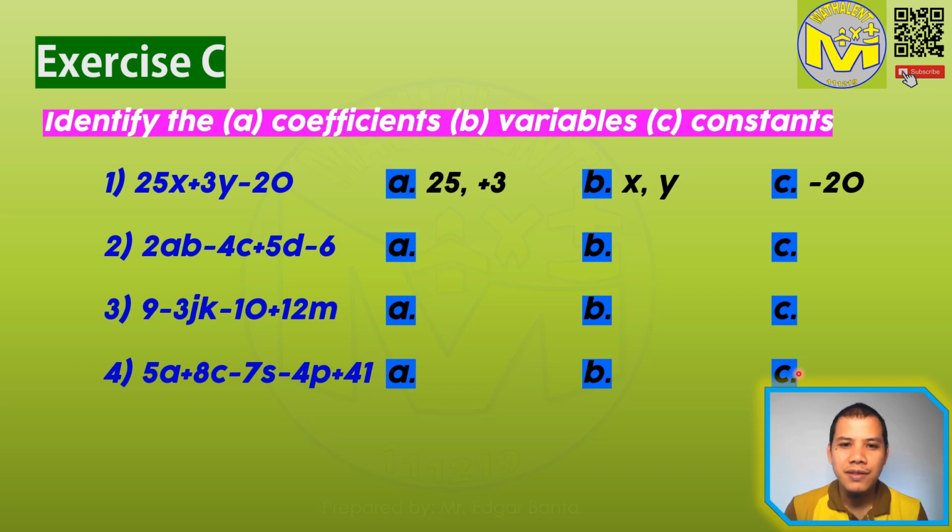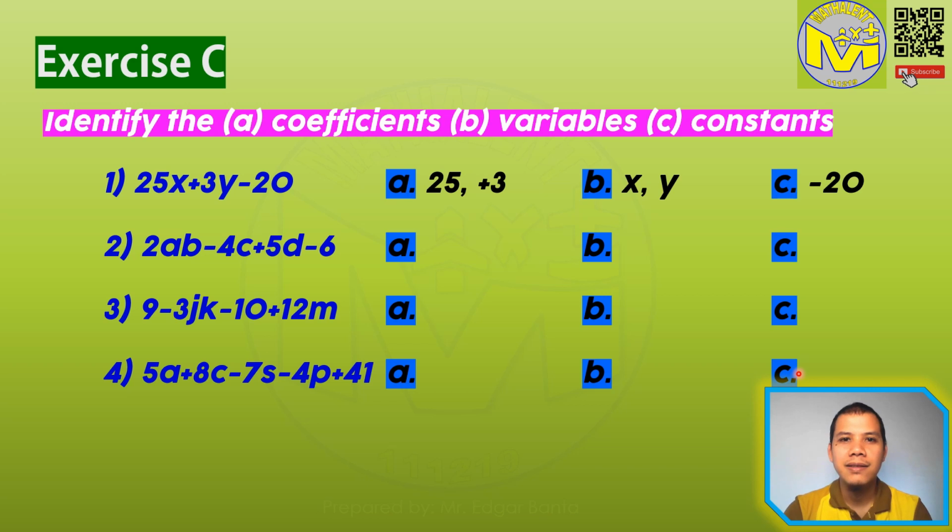So that is for today's lesson. For today's lesson, we have learned about coefficients. Remember, coefficients are usually the numbers that are together with the variables, or beside or before a variable. Let's say x. What is the coefficient of x? The coefficient of x is 1.